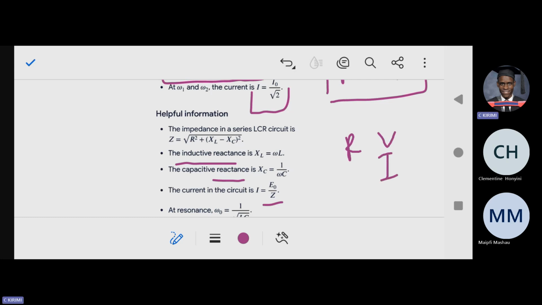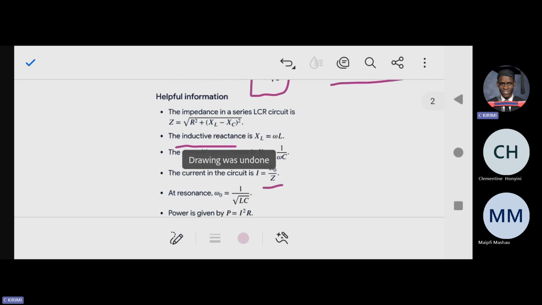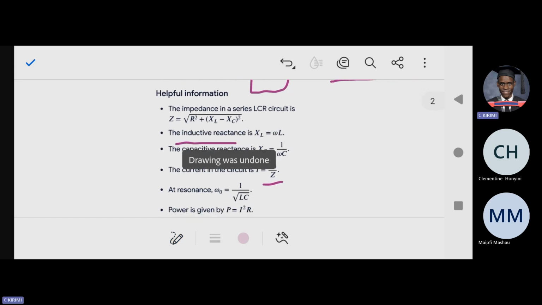But now, look, we are now having a capacitor and the inductance, which is another component which they've added in the circuit. So we must be familiar with these things, not to be scared of what is happening in the circuit. All right. So familiarize yourself with the formulas.